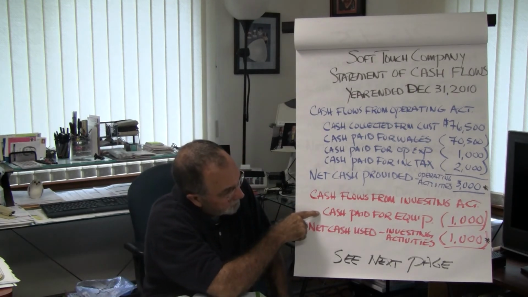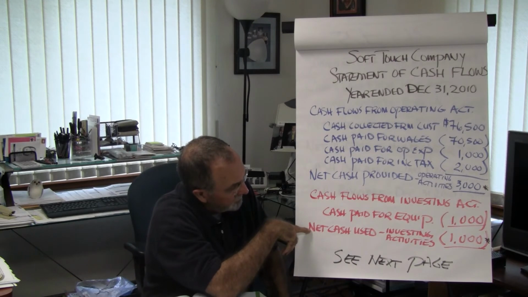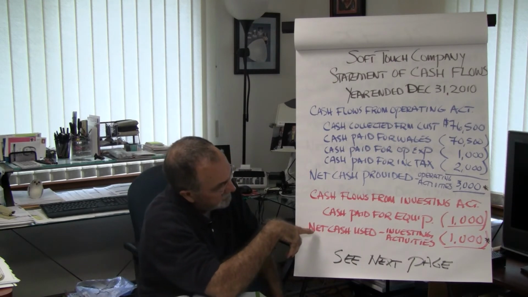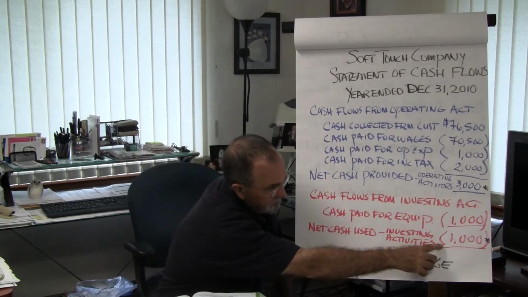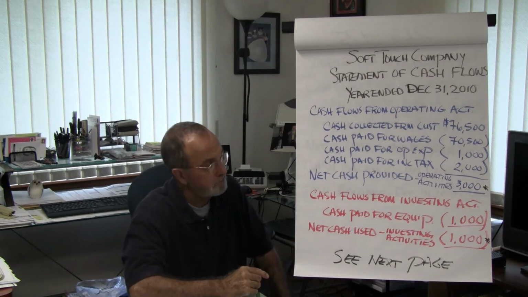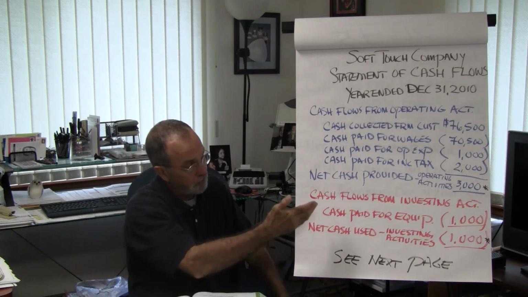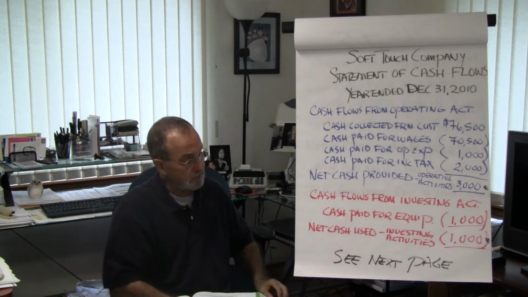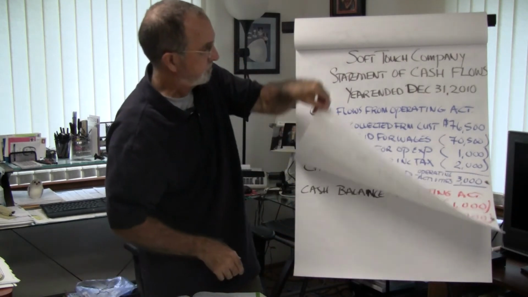There was just one item, cash paid for equipment, and then we show the total again as net cash used. Net cash used because this is a negative amount from investing activities. And then normally we would just continue on down, but we're out of room here on this sheet, so we can go on to the next sheet.